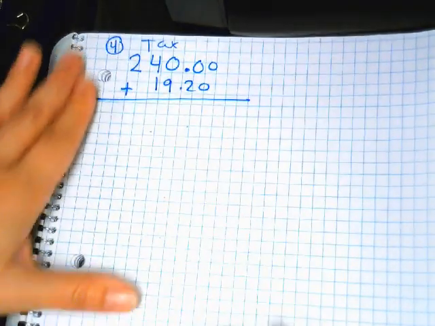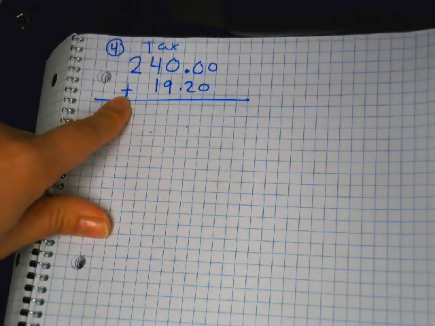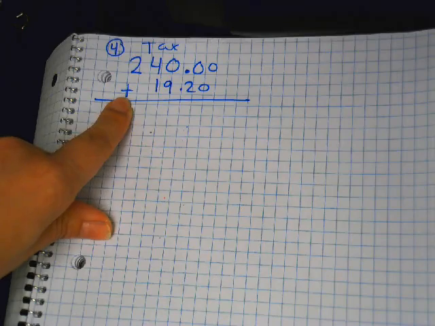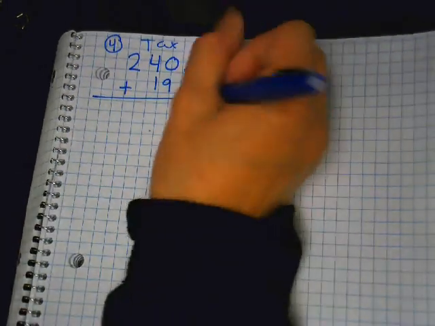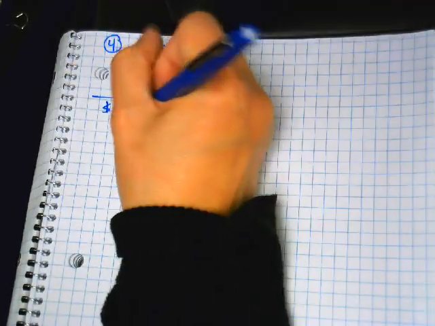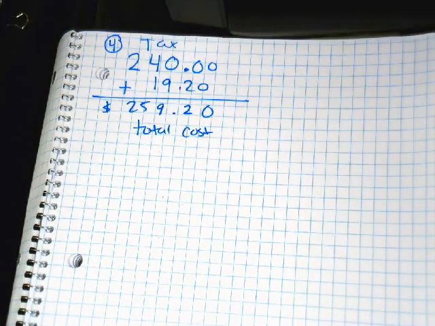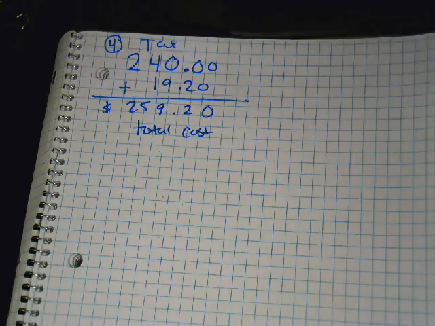You're going to add. So 4th step in tax, you're going to add because it's taxes. Your prices go up. So we have a total of 4 steps. So what is the final cost? So this is your total cost, your new price, your total.